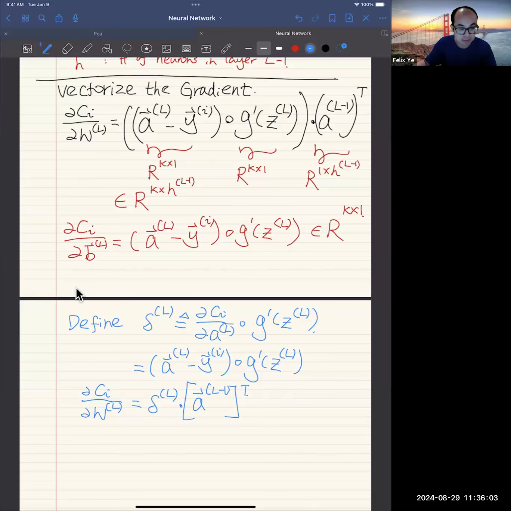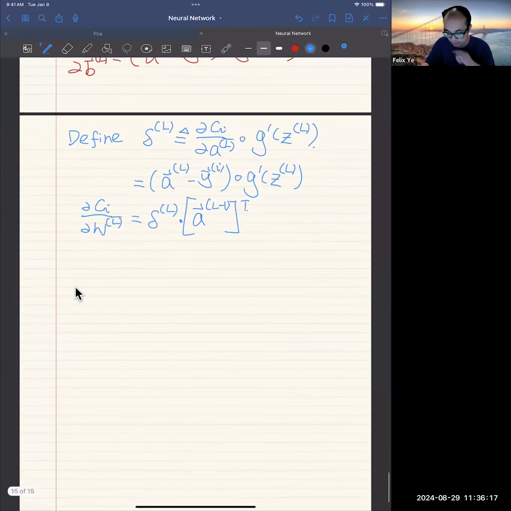All right. We spent quite a bit of time working on the last layer, and now we are going to move a little bit forward to layer L-1 and further inside.